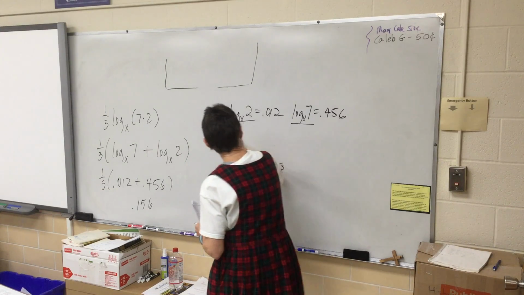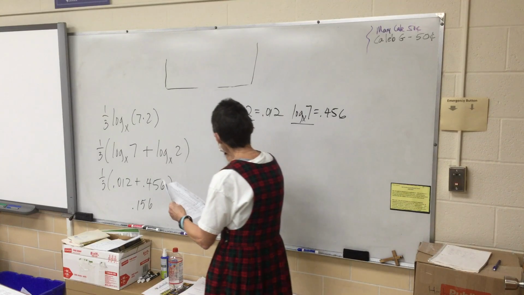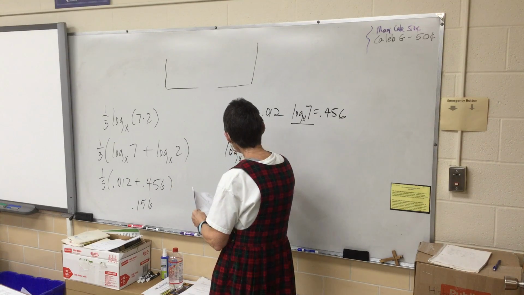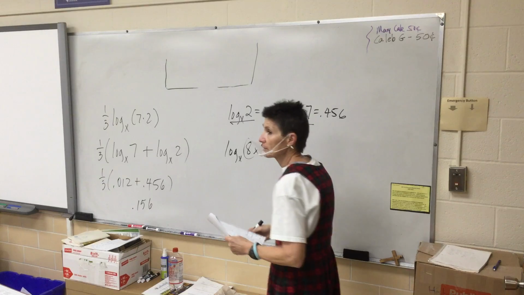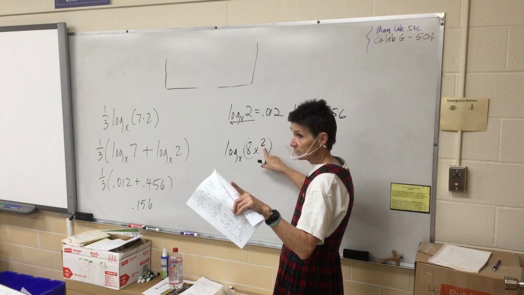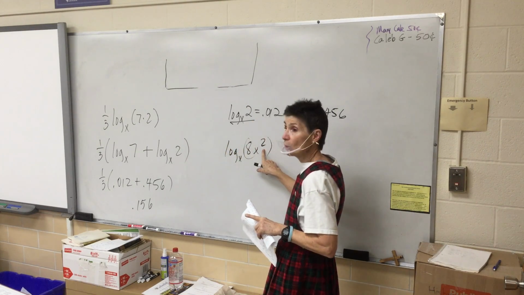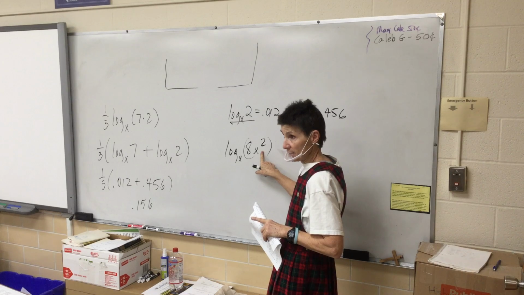Let's quickly look at the second part of that. Log base x of 8x squared. Now, I know there's a 2 there, but do not take that 2 out here, because that 2 only goes on the x.